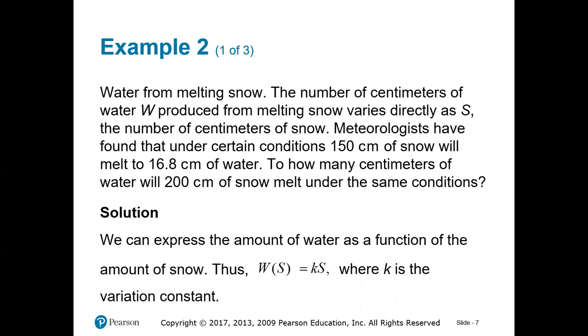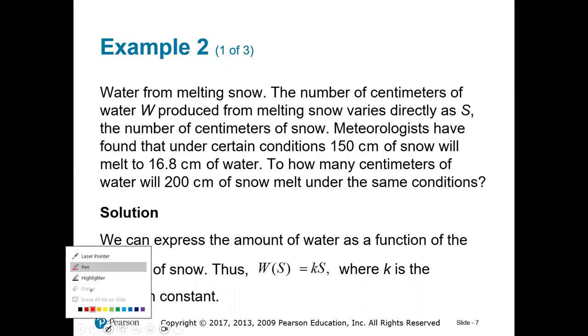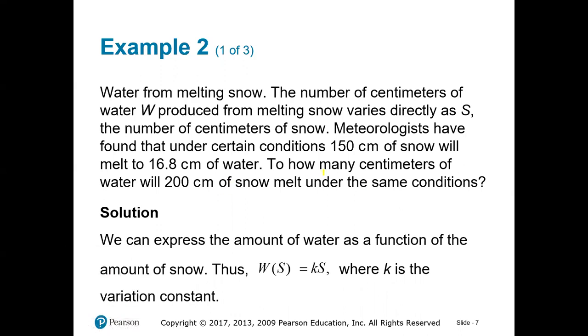To how many centimeters of water will 200 centimeters of snow melt under the same conditions? Sometimes it helps if you can draw a picture, and sometimes it helps if you can label.